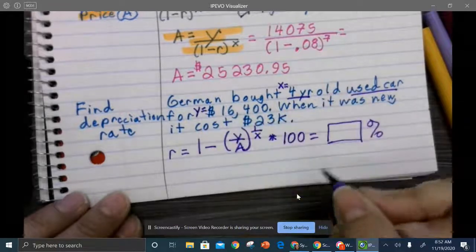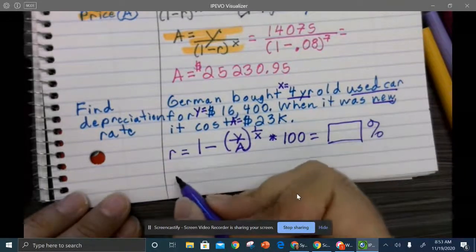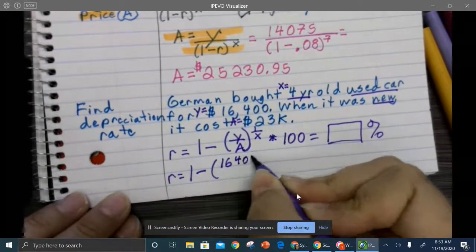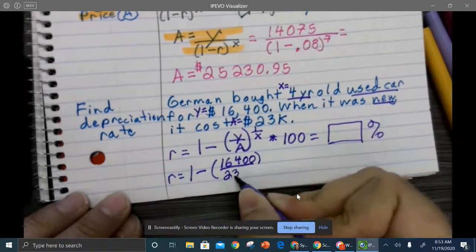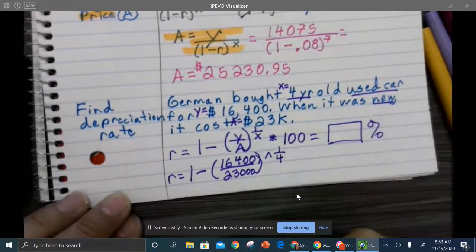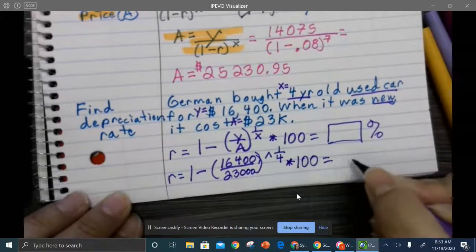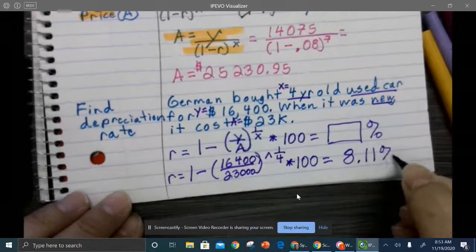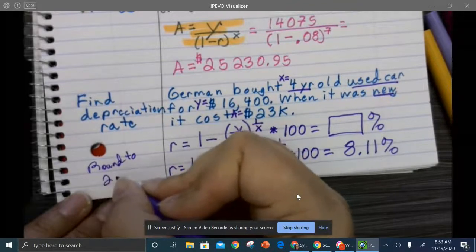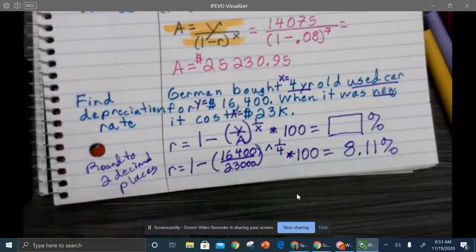When it was new, it cost $23,000, so that is our A value. We substitute those all in: the rate is equal to 1 minus 16,400 divided by 23,000, raised to the 1/4, and then we multiply that by 100. We're going to round to 2 decimal places. So I get 8.11. Make sure, everybody, that you're rounding to 2 decimal places on these.